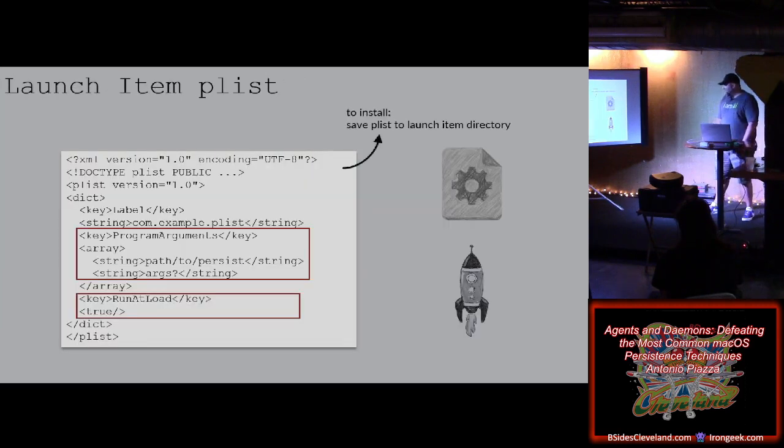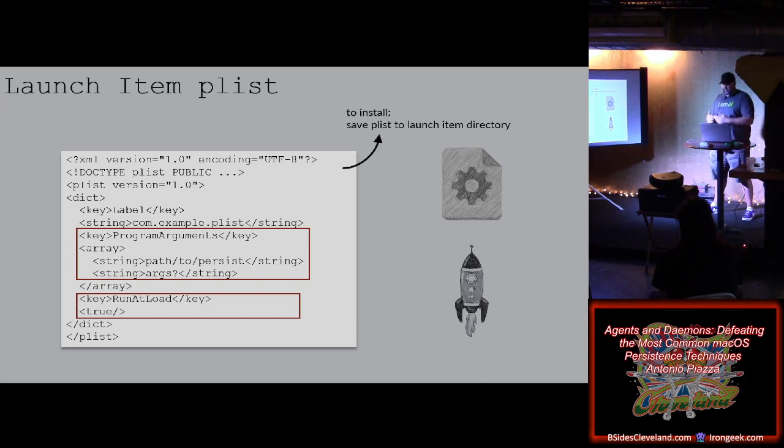Okay, so this is a launch item plist. This would be a plist that you would use to create persistence or execute something persistently on macOS. So a launch item's property list file describes the launch item to launchd, which is the consumer of the plist.